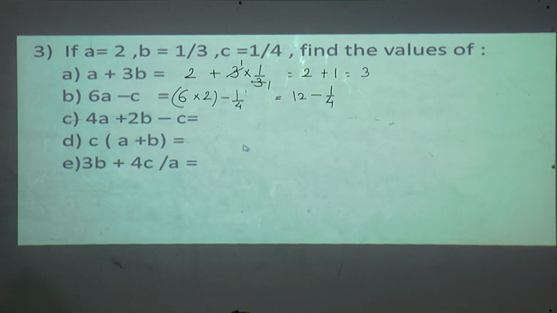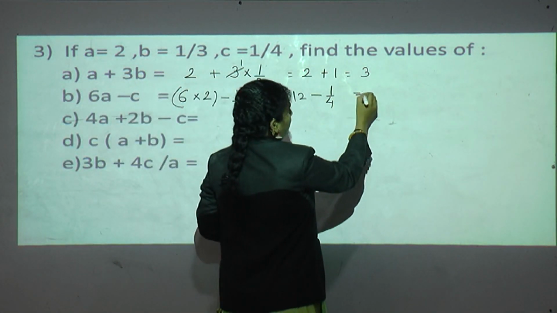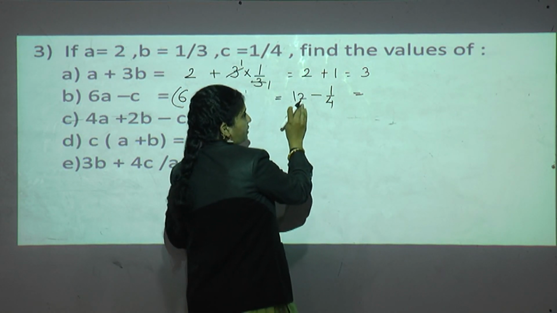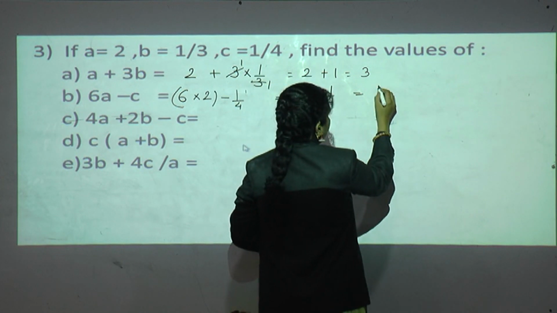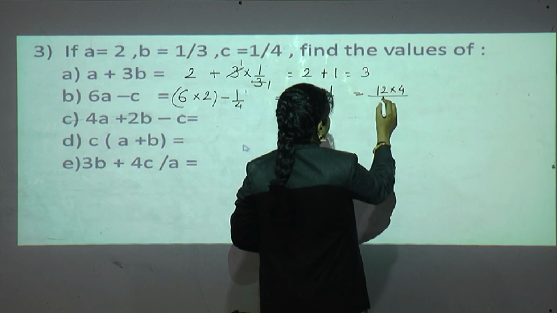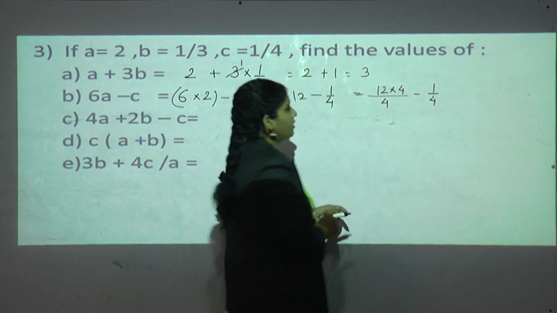Here, students. Now tell me what to do, students. Now here they have not given us denominator, so we can write here 12 multiplied by 4 upon 4 minus 1 upon 4.